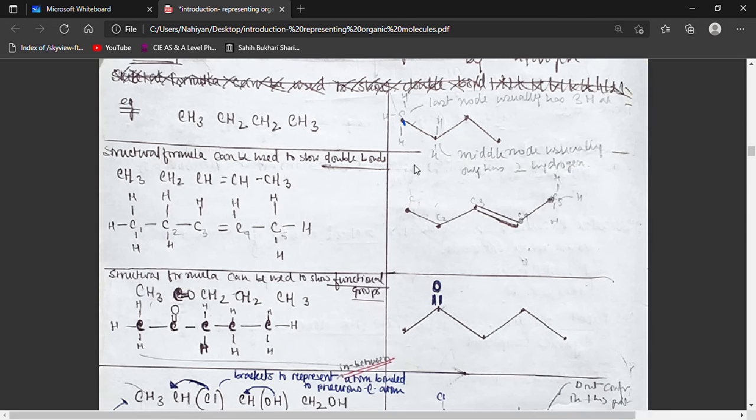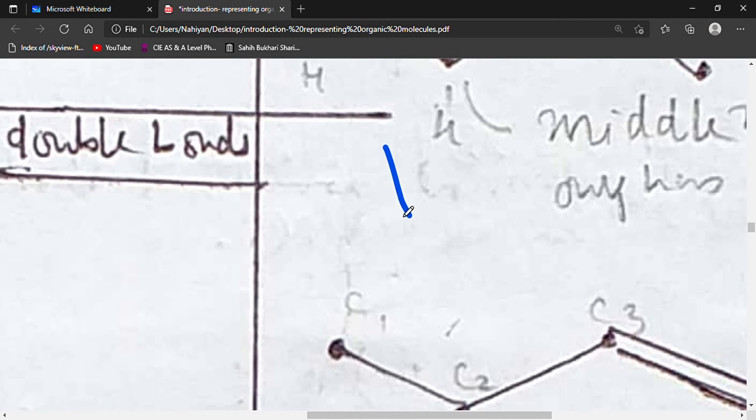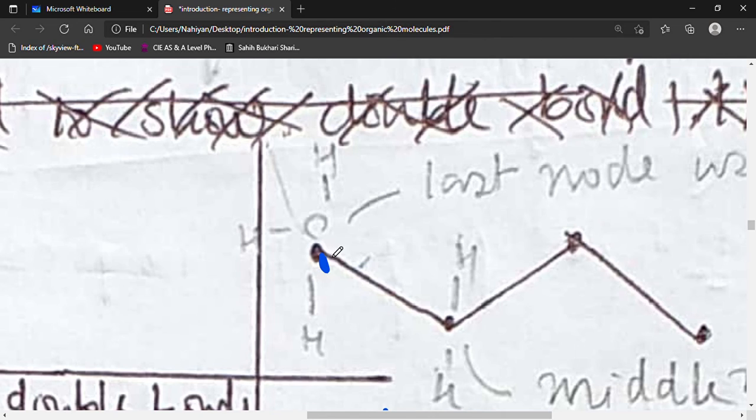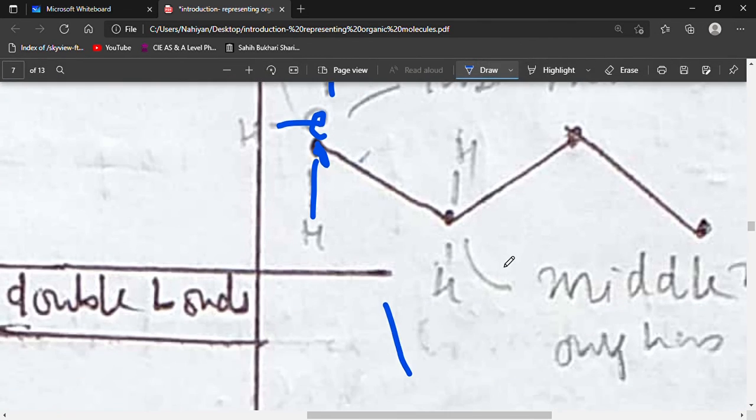So if I zoom into this, if you have a look, we think that these corners are actually carbons which are surrounded by lots of hydrogen. I mean, they're full with hydrogen. So this is another carbon, this kink, and they're surrounded by hydrogen.